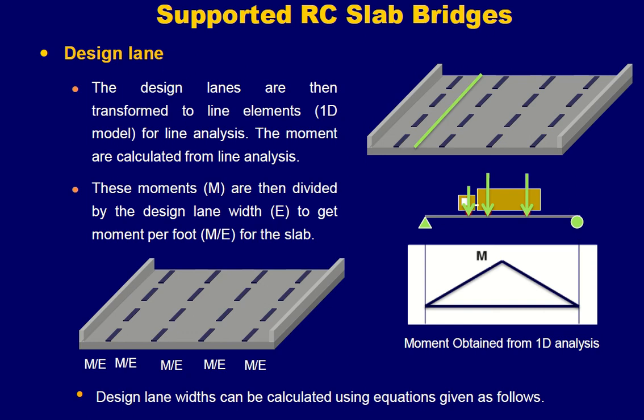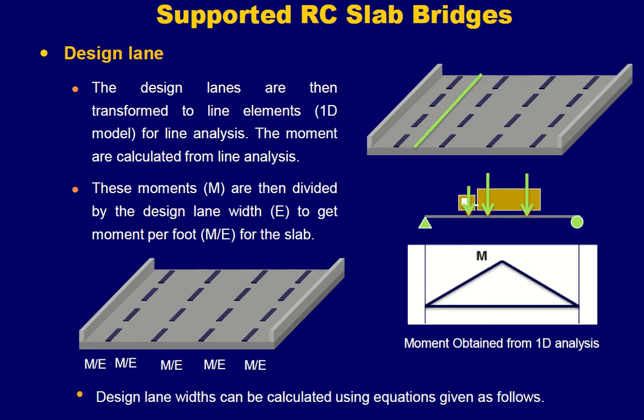Now the design lanes are then transformed to line elements, which is a 1D model for line analysis. The moments are calculated from line analysis. These moments M are then divided by the design lane width E to get moment per foot for the slab.